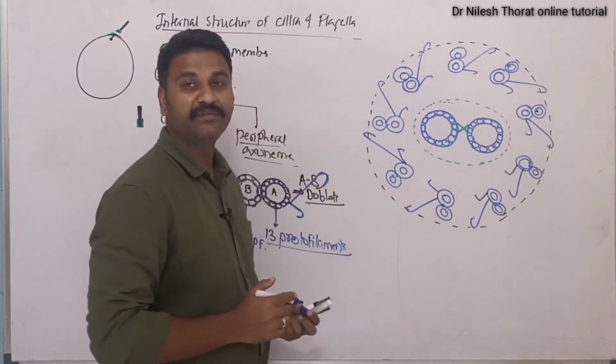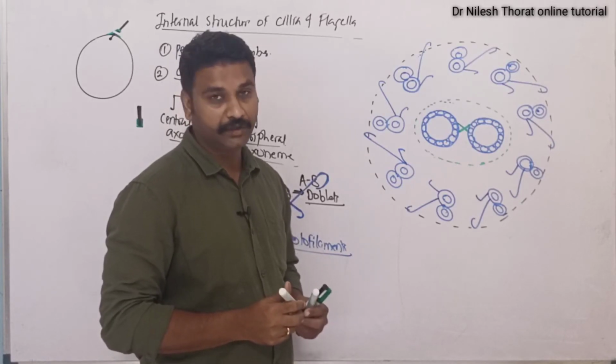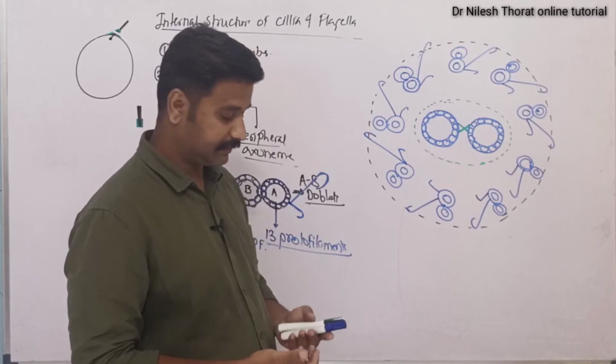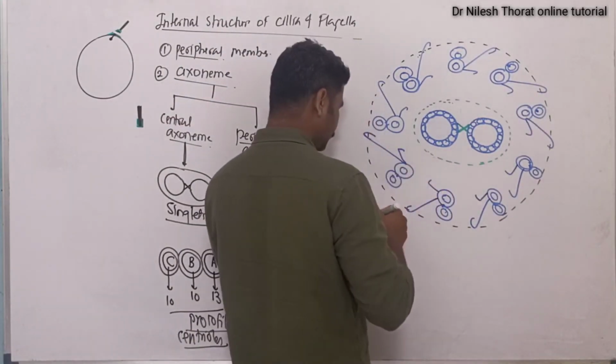The connection between the doublets is in such a way that the B tube of a doublet will get connected to the A tube of another doublet. So while connecting them, let's label them first.